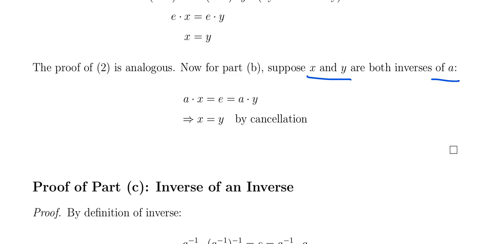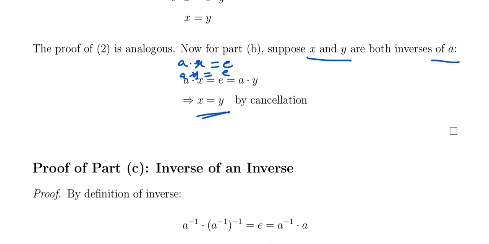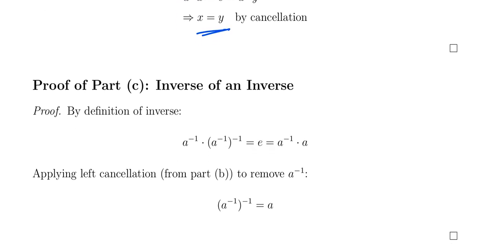If X is the inverse of A, A dot X equals E, and if Y is the inverse of A, A dot Y equals E. So A dot X equals E equals A dot Y. When we use the left cancellation law, we get X equals Y. So both inverses are equal. If you choose two different inverses for the same element, then X and Y are equal.